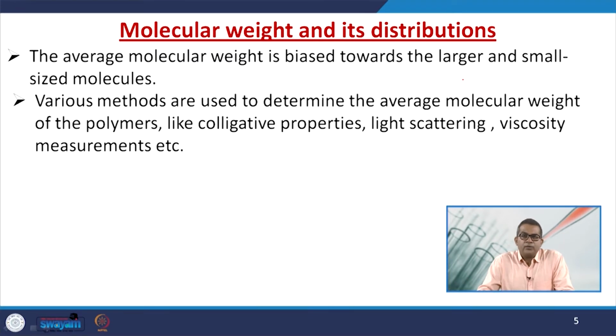So usually this concept of average molecular weight is biased towards the larger and smaller sized molecules. So various methods are used to determine the average molecular weight of polymers. Sometimes colligative properties, sometimes light scattering, sometimes viscosity measurements, etc. So based on your requirement, you may choose different protocols for calculating the molecular weight distribution.